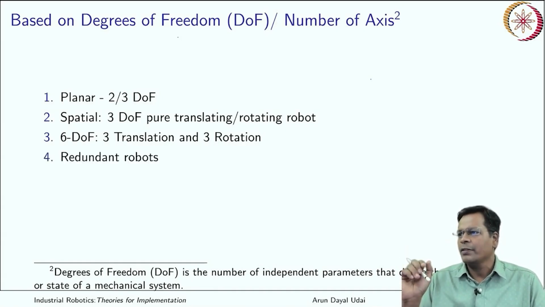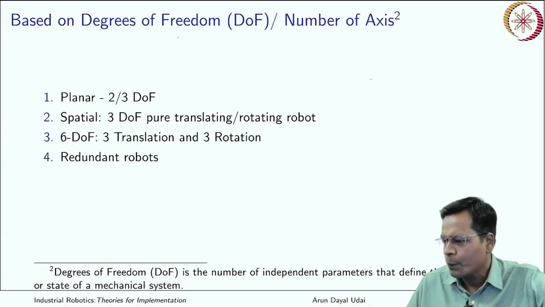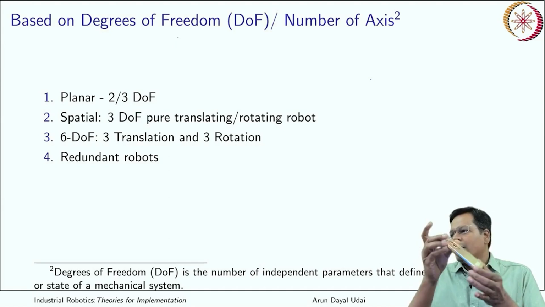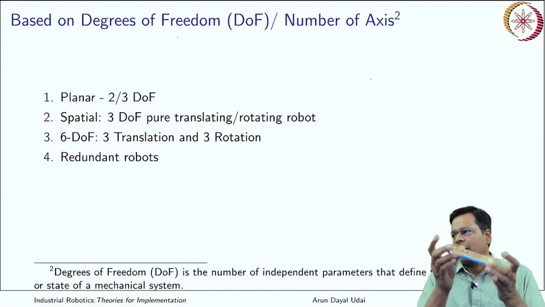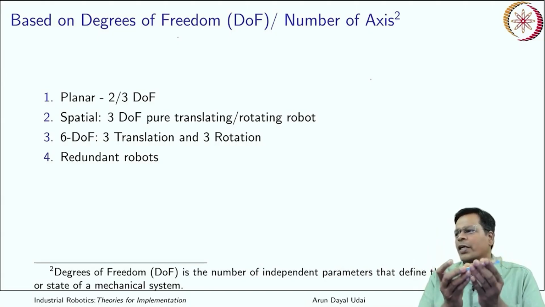So that is the requirement, and then you may have a redundant robot which can have more degrees of freedom. Essentially in space once you go, you can have 6 degrees of freedom maximum, right? You can either move in all the 3 directions or you can orient in all the 3 directions.